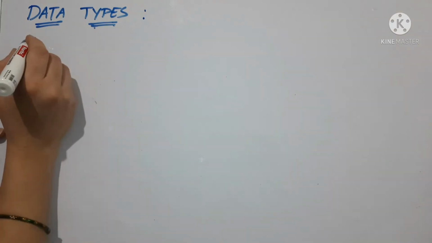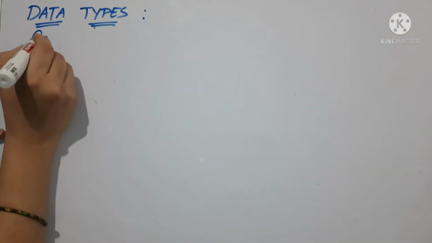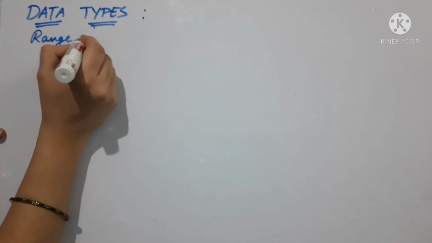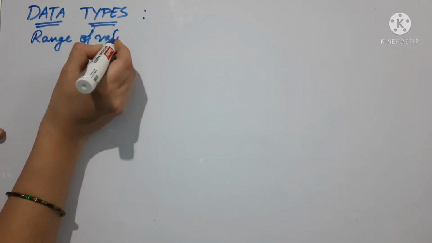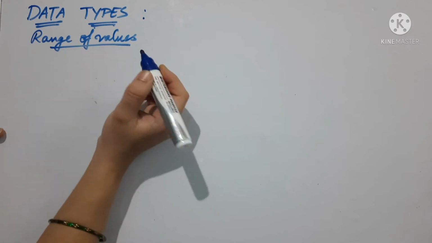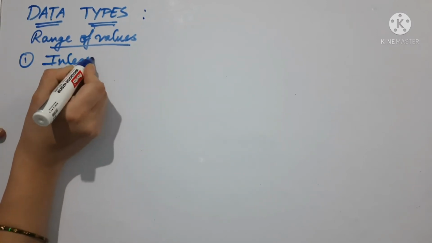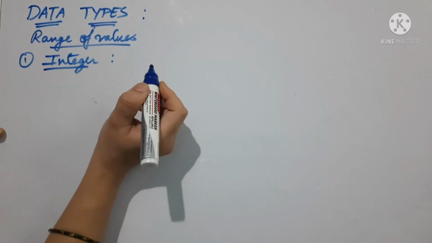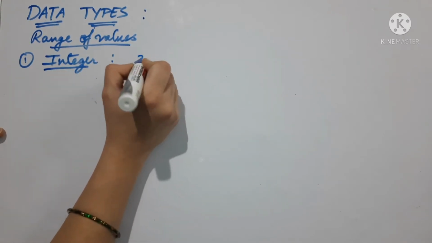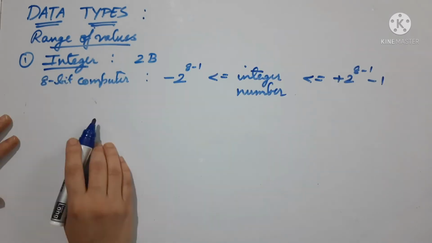Okay, now discussing the range of values, the range of values that can be accommodated by the data types. First, let us discuss integer. So how much space will an integer value take? It will take 2 bytes as we have discussed.